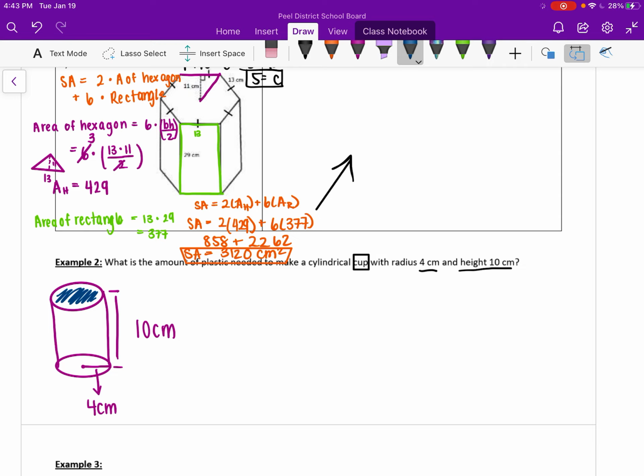While in theory I could look at my formula for a cylinder, which is 2 times the area of the base plus the lateral surface, so 2 pi r squared plus 2 pi rh, we can't do that because we don't have two bases. We only have one base. So my surface area is actually going to be 1 times the area of the base, because we only have one circle, plus the area of the lateral surface.